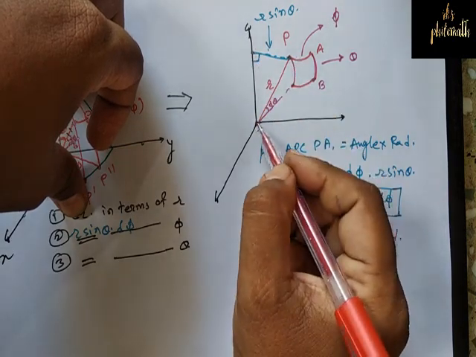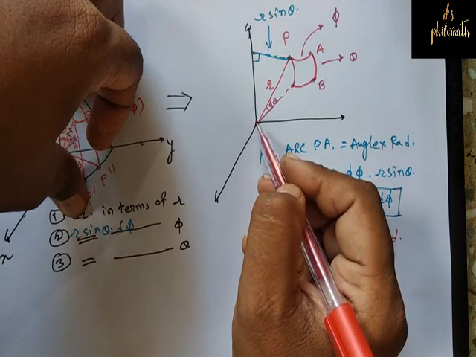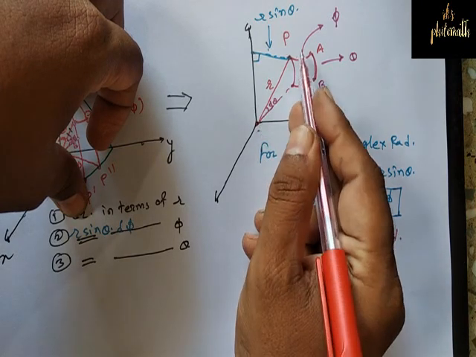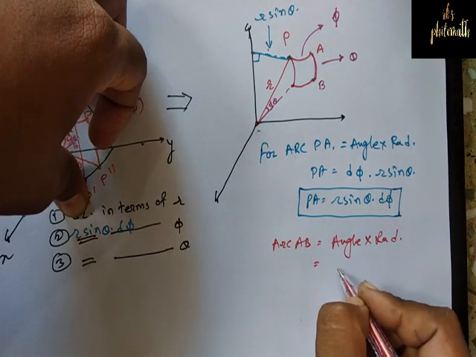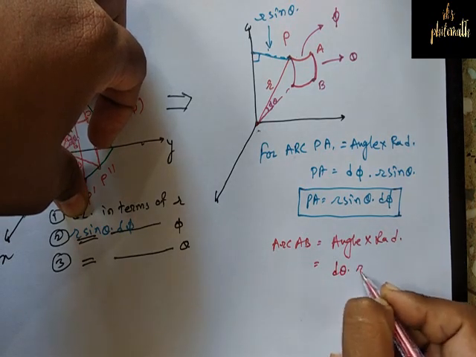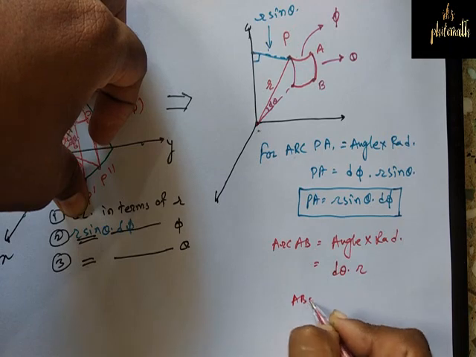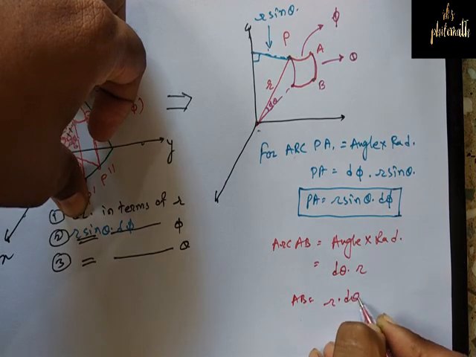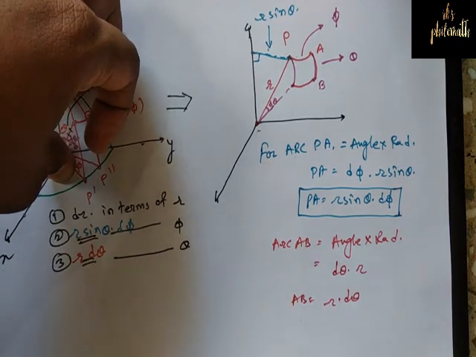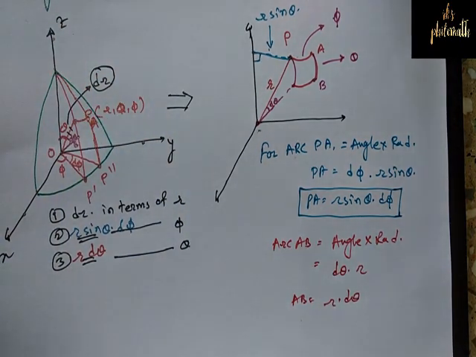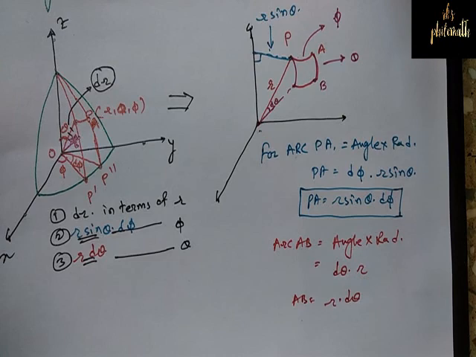But for theta we are taking the origin as a center, so the radius is r and the angle is d theta. So for AB, r d theta. So we get the differential length in the spherical coordinate system.